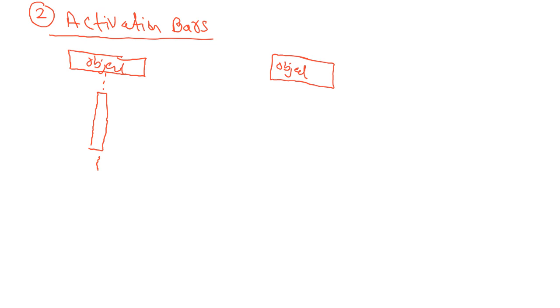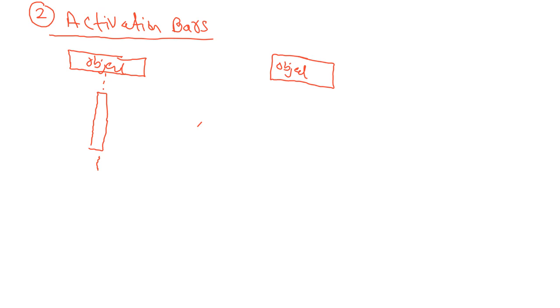And you know that in a sequence diagram, interaction between two objects generally occurs when one object wants to send a message to another object. Now I'll show you an example.